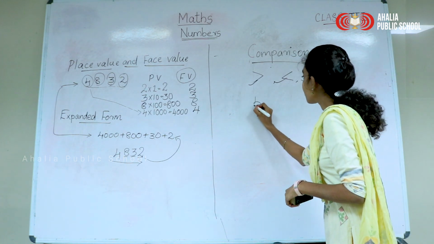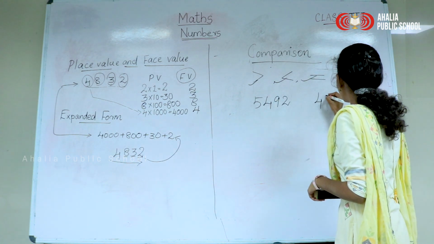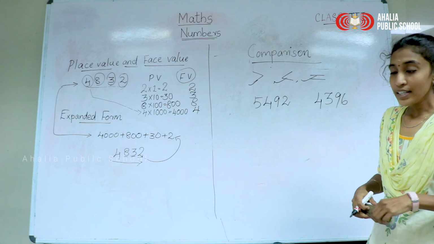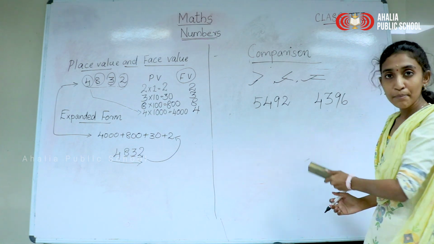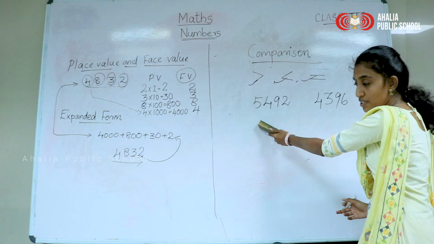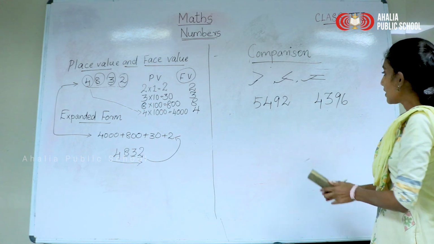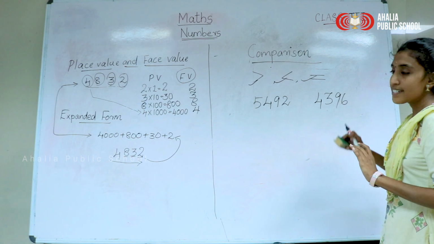Now, let us compare two 4-digit numbers. Read, children, what is this number? Just spell it. 5,492. And here, 4,396.